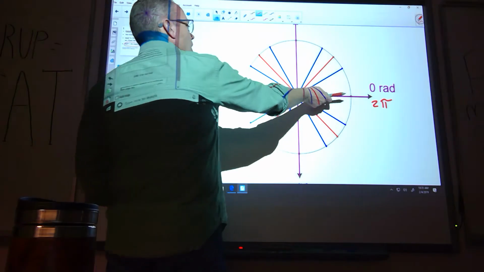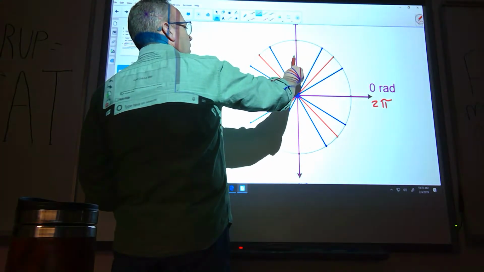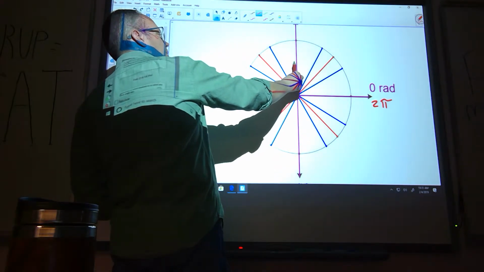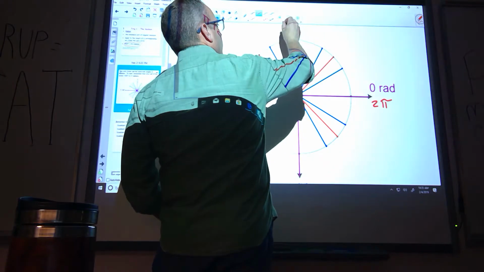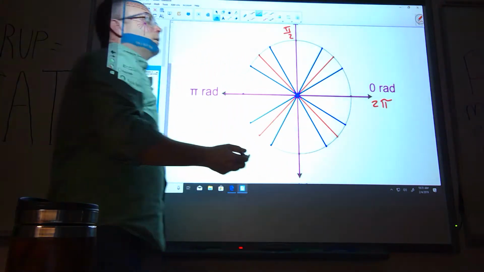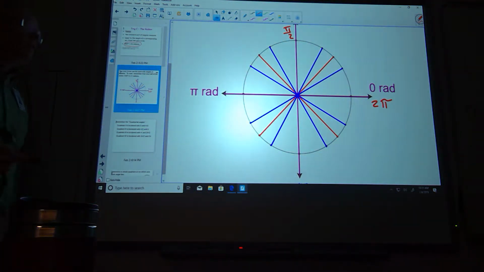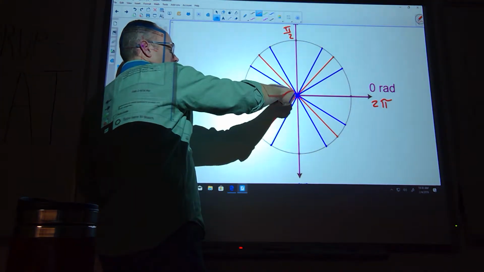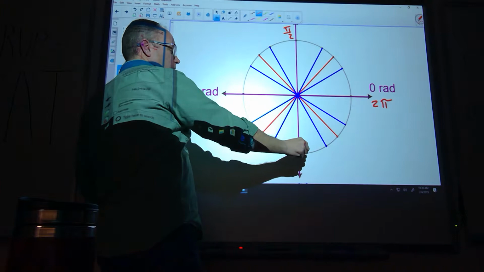So if I go from here to here, and from here to here is pi radians, how far do you think from here to here would be? Yeah, pi over 2. Okay, half of pi. How much would I go? I'm going to go 90 more here. So what do you think this one is down here?